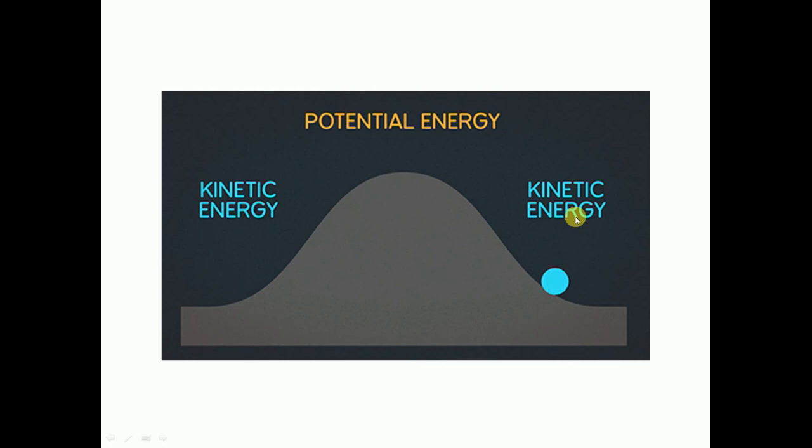And when you walk some distance, the energy possessed by your body is kinetic energy. So when an object is in motion, it is kinetic energy, and when the object is at one position doing no motion, we call it potential energy. I hope you got potential energy and kinetic energy.